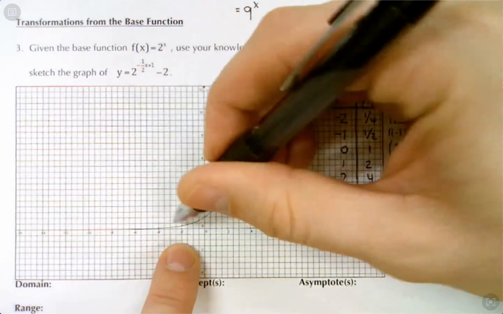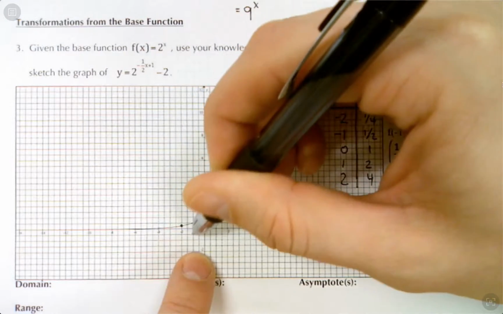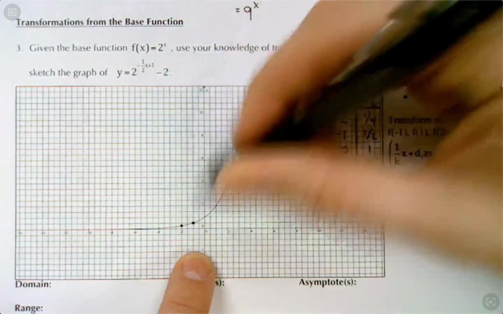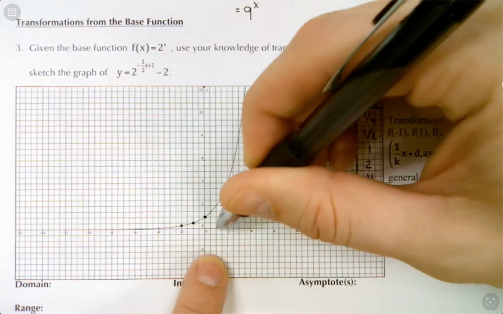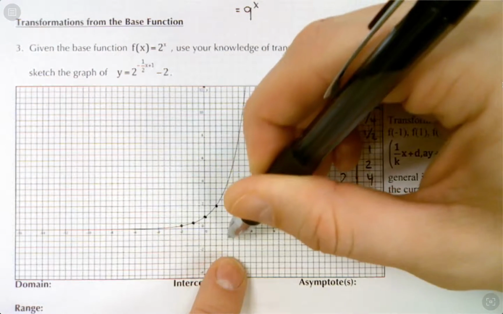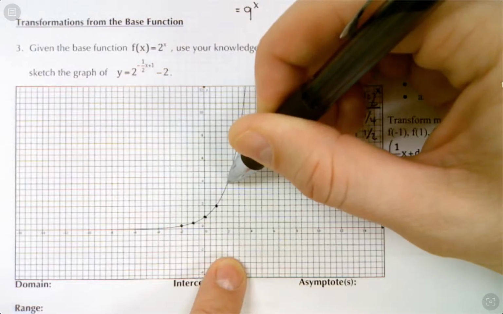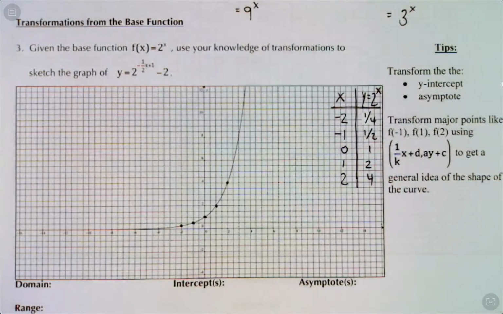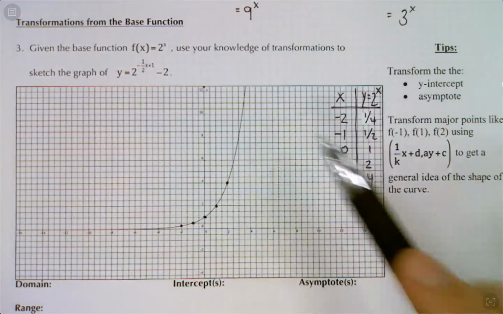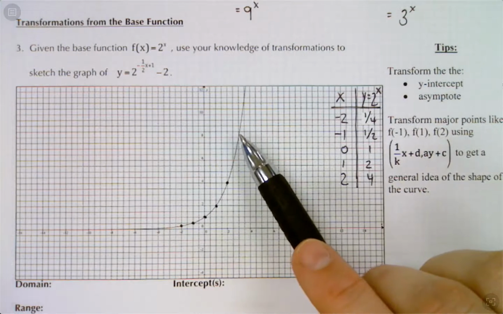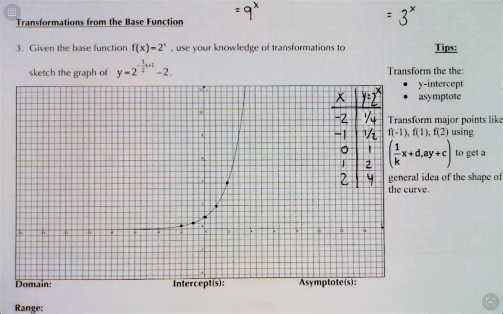Let's see, -2 is 1/4, -1 is 1/2, 0 is 1, 1 is 2, 2 is 4. There's our points. We could extend, and you can actually get 3 as well. 3 is 8. That's a nice one. But we'll use these 5 points.